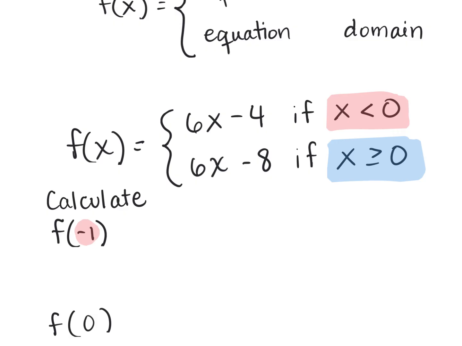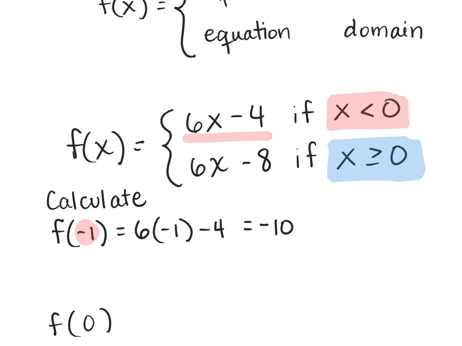The equation that goes with that domain is 6x minus 4. So I'm going to do 6 times my x value, -1, minus 4. So I have -6 minus 4, which gives me -10.